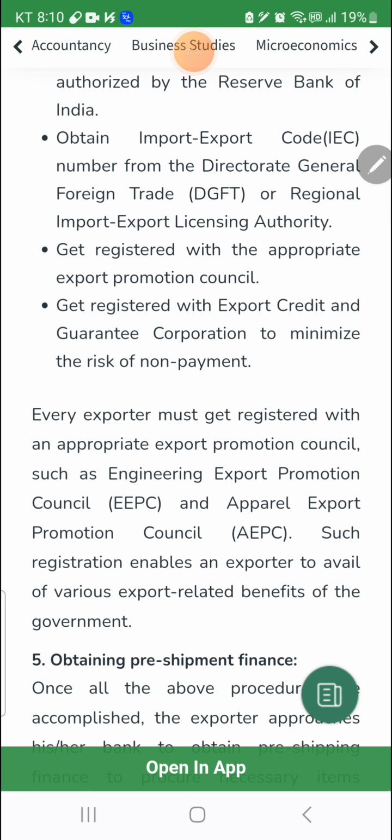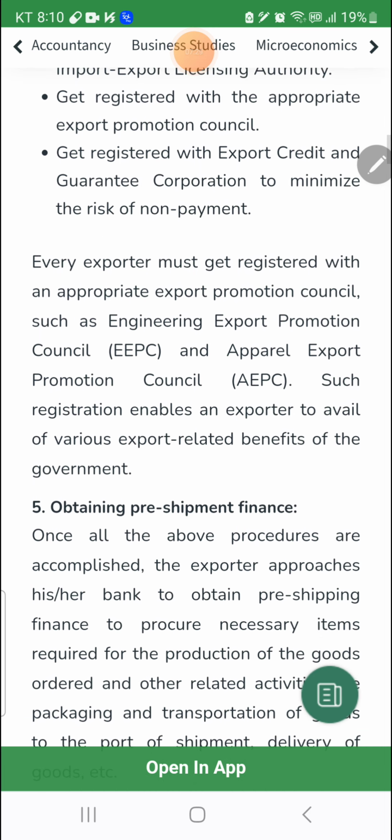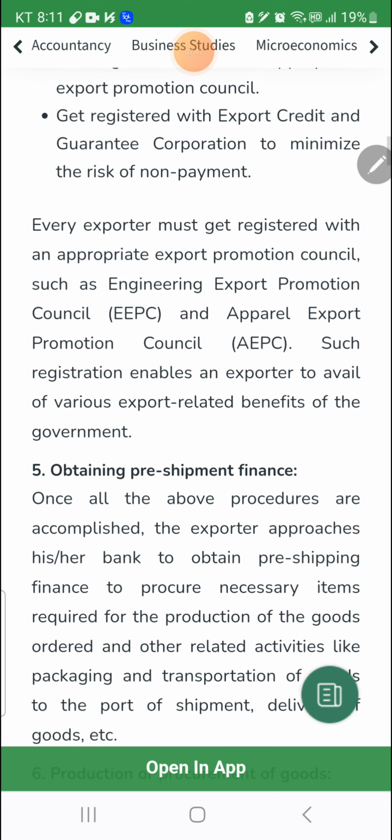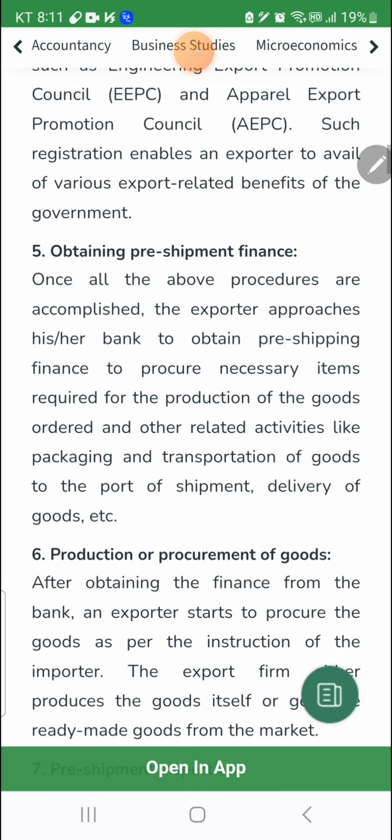The other one is the government organization. Every exporter must get registered with an appropriate Export Promotion Council, such as the Engineering Export Promotion Council, EEPC, and the Apparel Export Promotion Council, AEPC. Such registration enables an exporter to avail of various export-related benefits of the government. 5. Obtaining pre-shipment finance.